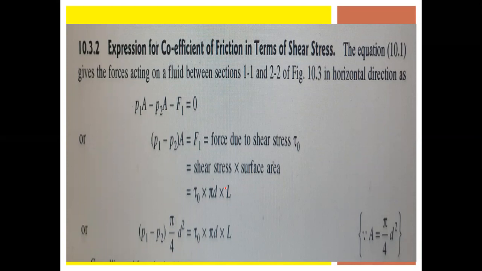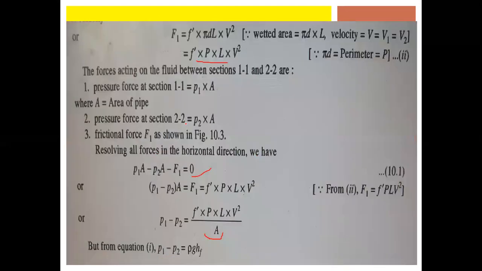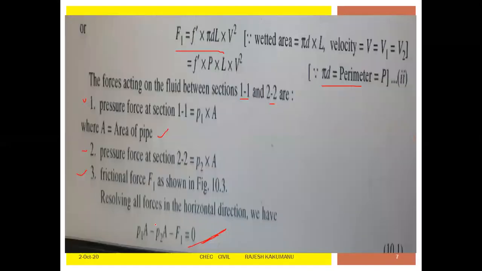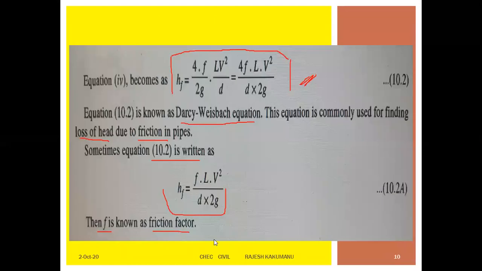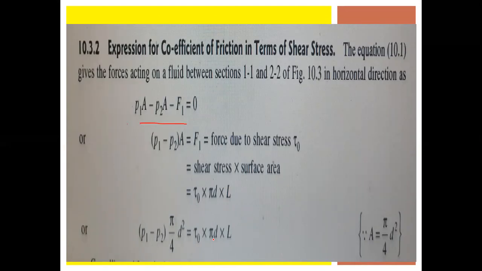For the coefficient of friction in terms of shear stress, we are taking this equation: P1A minus P2A minus F1 is equals to 0. It is derived from this Weisbach equation only. This will not come in the exam, but for getting the formulas we are deriving this expression for coefficient of friction.